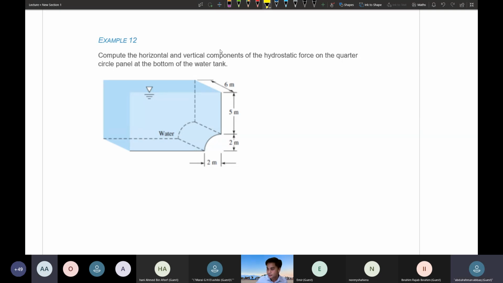We must draw the FBD to find the horizontal and vertical components. Yes, the question asks to find the horizontal and vertical hydrostatic force. Clear? So from here, what do you need to do? Please tell me the first step.